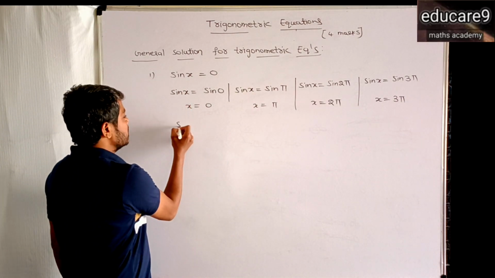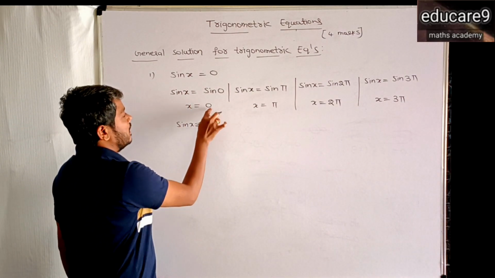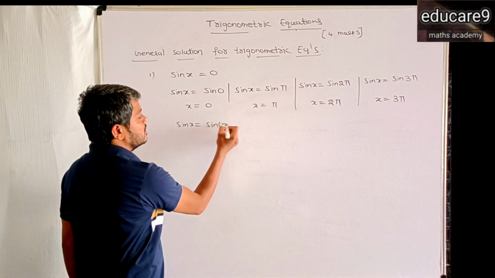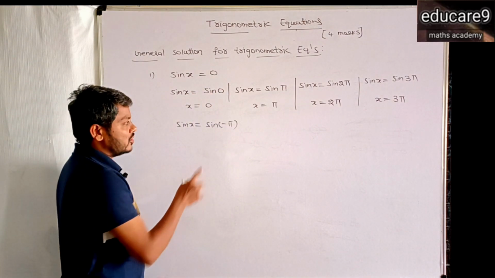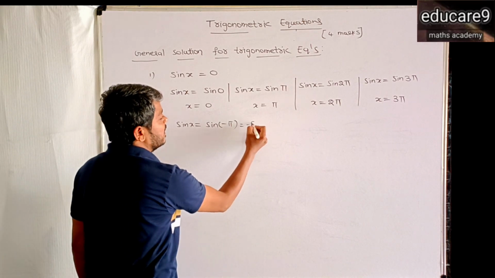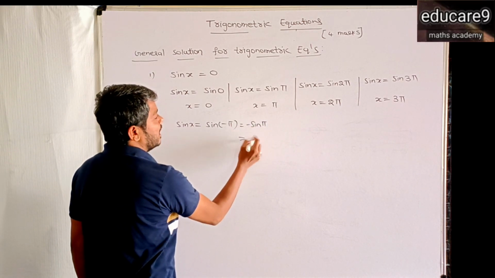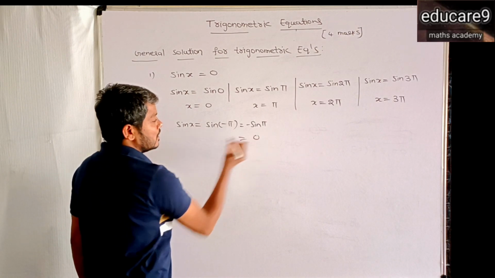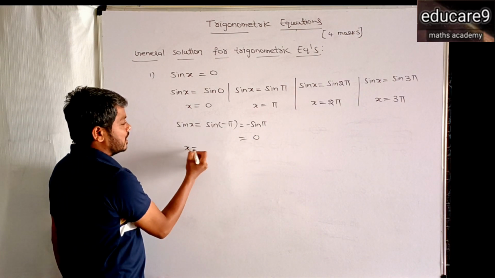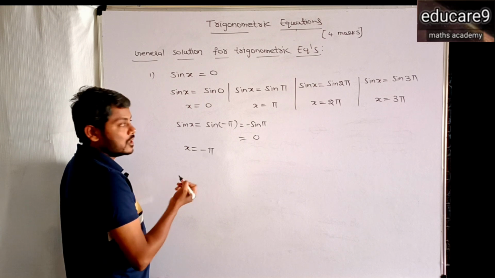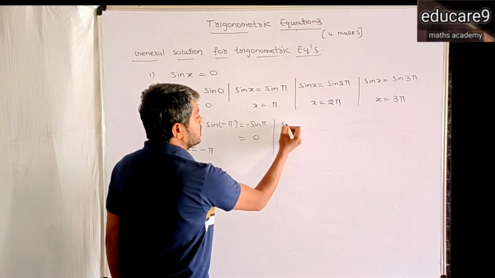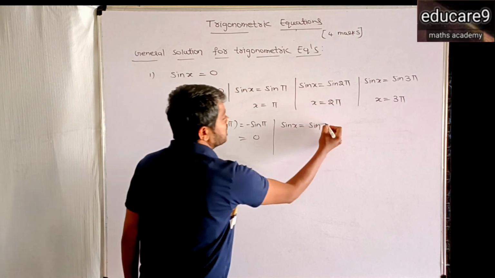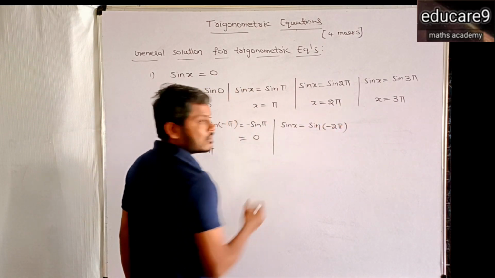For example, sin x is equal to, again this 0 can be written as sin of minus pi. We know that sin of minus pi is minus sin pi. Again minus sin pi value is 0. So therefore here x is equal to minus pi. Similarly, we can write sin x equal to 0 as sin of minus 2 pi.